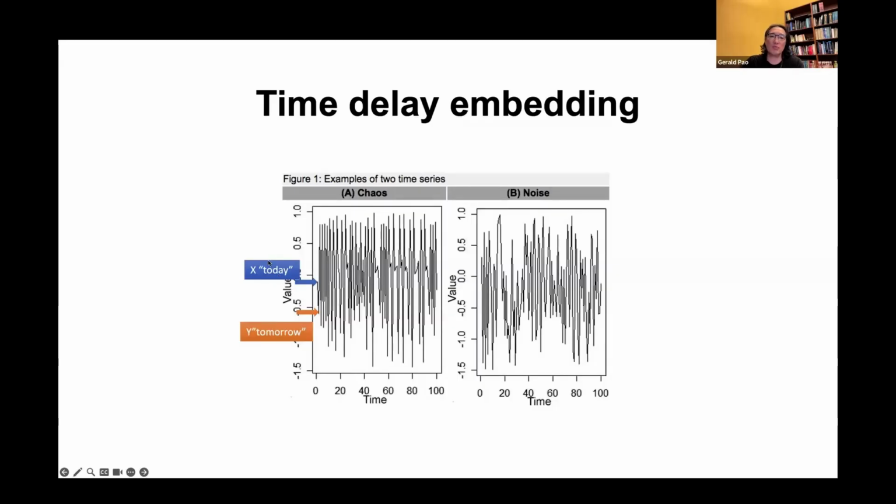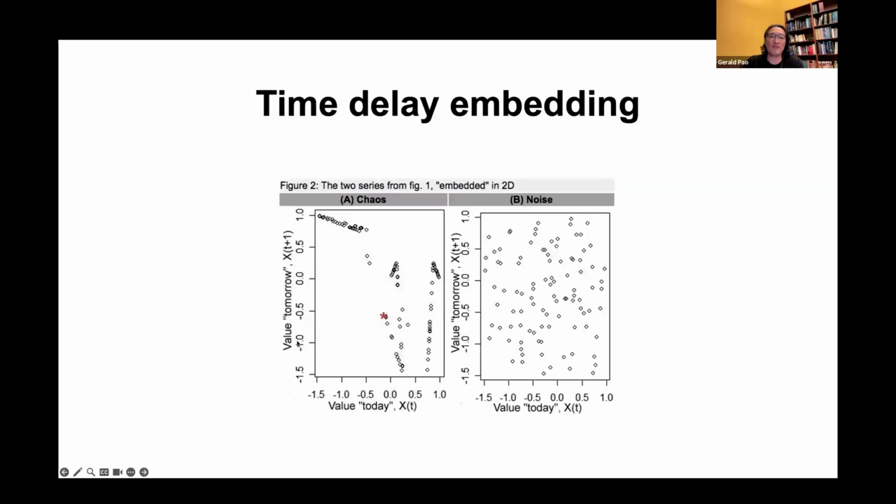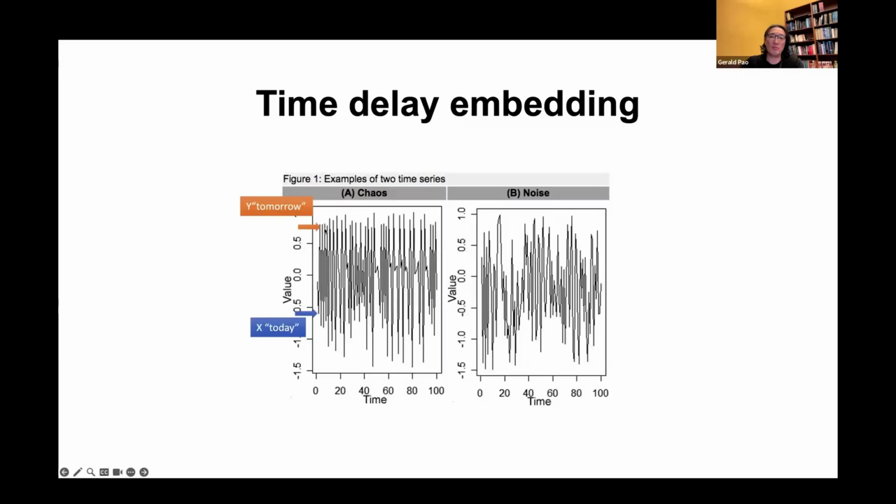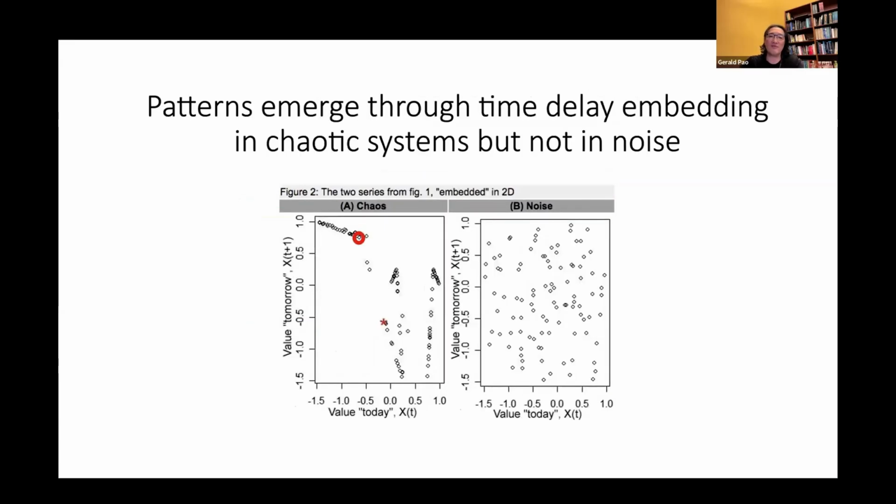We can just use X and Y as coordinates, and plot it in phase space like this point here. Then we go to time point 2, make that X, and time point 3, make that Y, and then plot the next one. If you do this iteratively over the entire time series, you can see that you get certain levels of structure in chaos, but in noise, you see no patterns whatsoever.